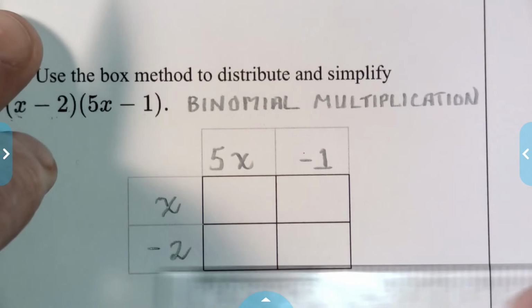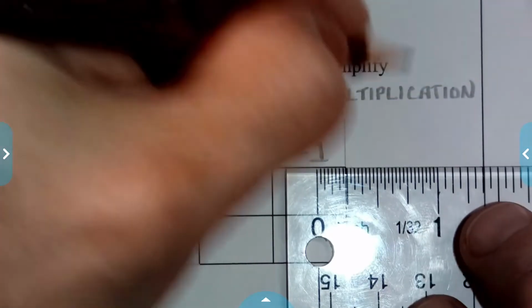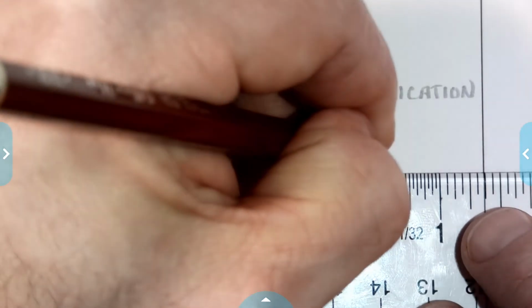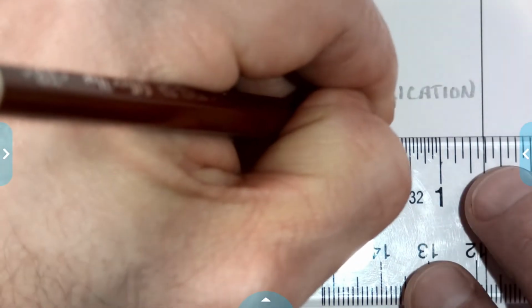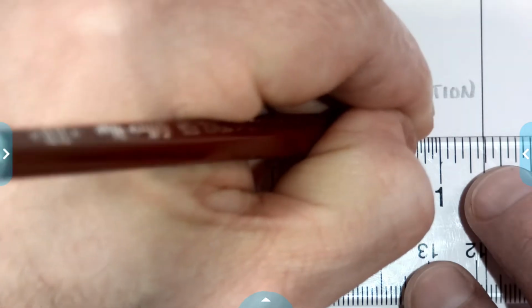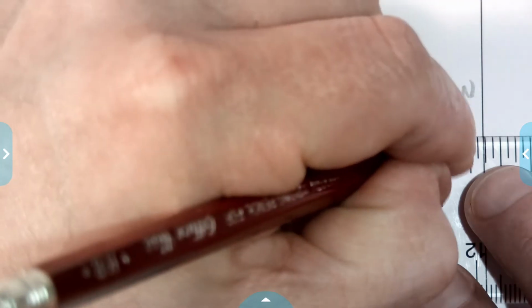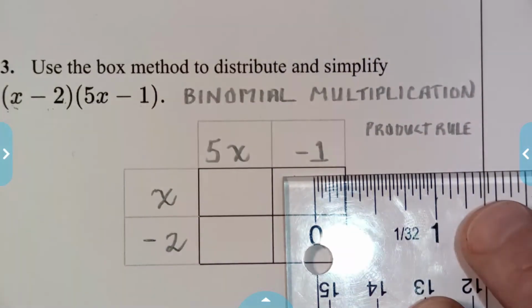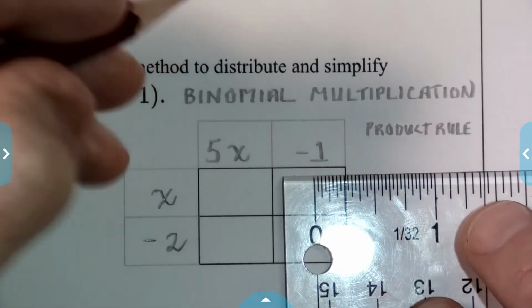Well, there's a rule called the product rule, which is something that we're going to have to learn, but we're going to go over it every time until you guys get it. So the product rule for exponents states that if the bases are the same, you add the exponents.